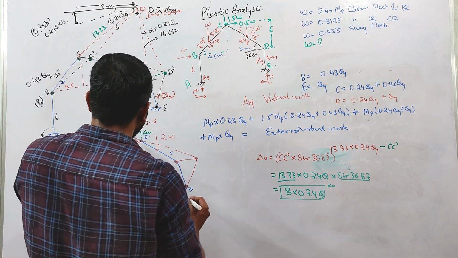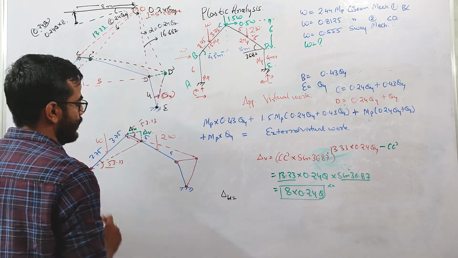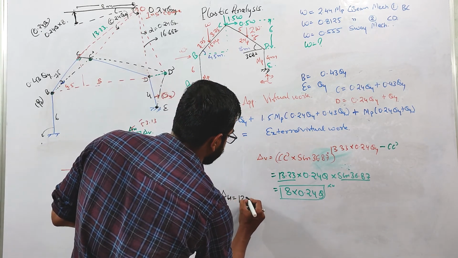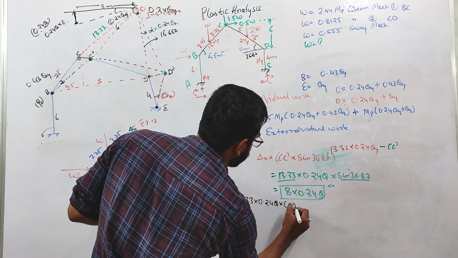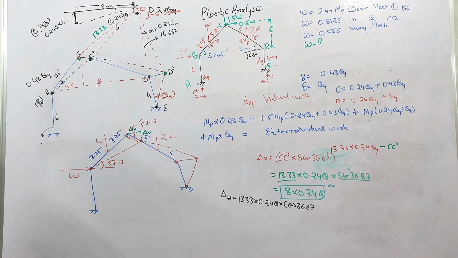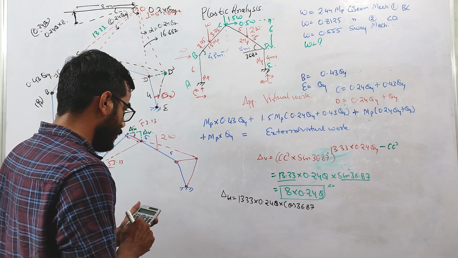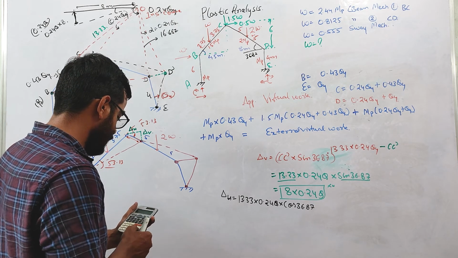From here, if you use the concept of delta H, delta H will be 13.33 into 0.24 theta into cos 36.87. This will be the value of delta H. So delta H will be 13.33 into 0.24 into cos 36.87.